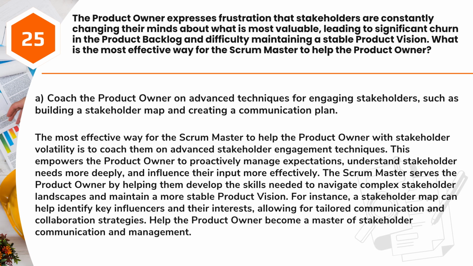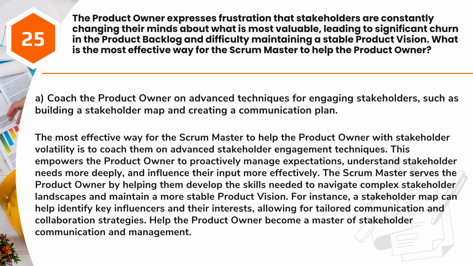Answer: A. Coach the product owner on advanced techniques for engaging stakeholders, such as building a stakeholder map and creating a communication plan. The most effective way for the Scrum Master to help the product owner with stakeholder volatility is to coach them on advanced stakeholder engagement techniques. This empowers the product owner to proactively manage expectations, understand stakeholder needs more deeply, and influence their input more effectively.